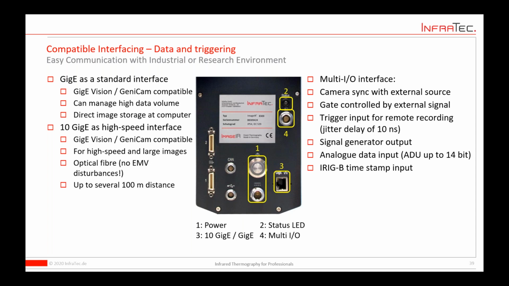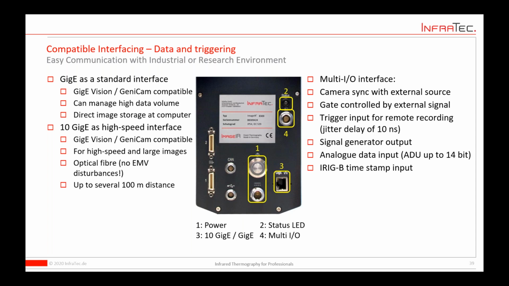Laser illumination, for instance, is an application in which you want to precisely trigger your camera, and then the performance of such triggering is also part of the discussion of what kind of camera you need to choose and what kind of signals, of course, TTL and something like this. So this also can be an aspect of choosing an IR camera: interfaces and triggering and IB timestamps and stuff like this.